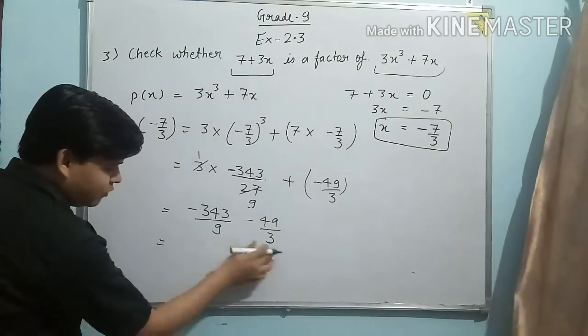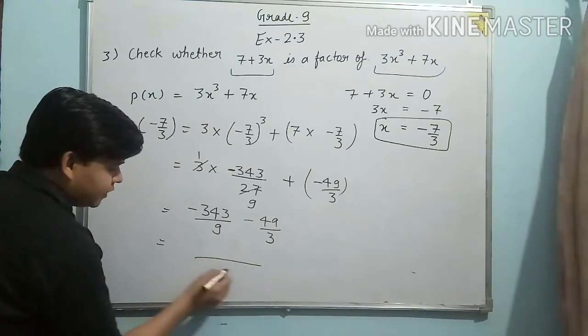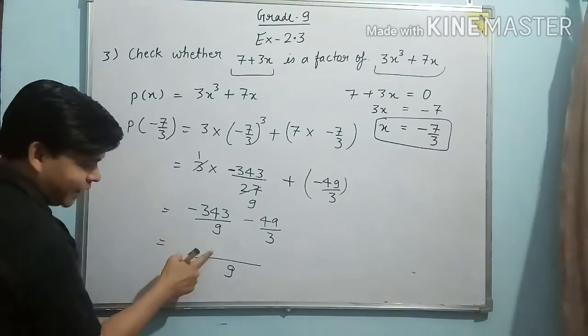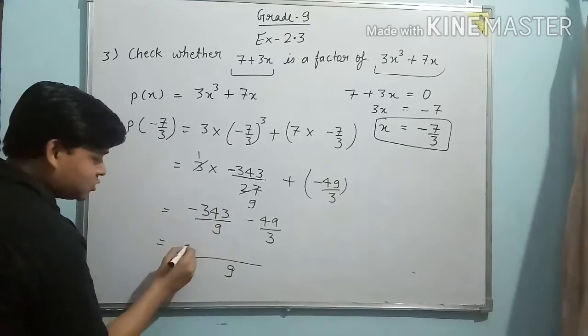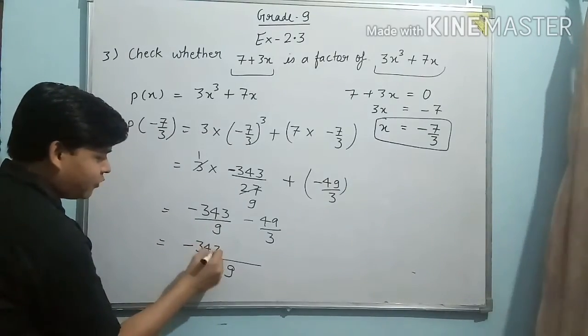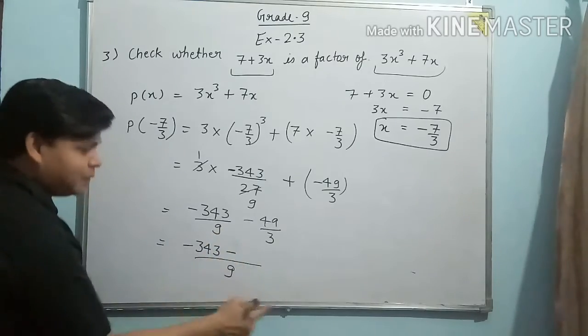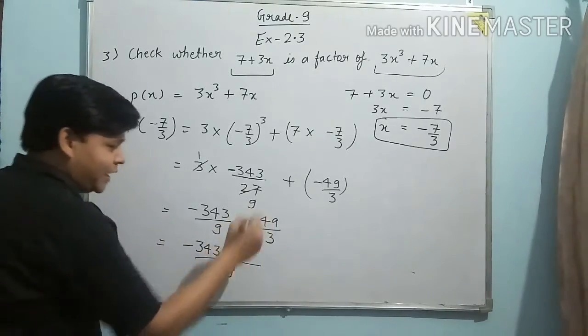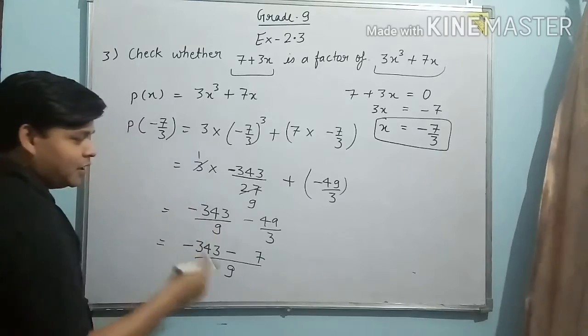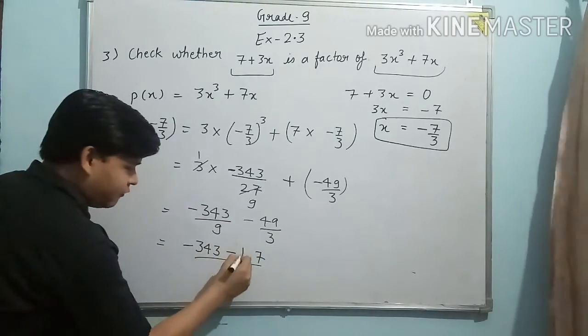When you will take the LCM of these two numbers, 9 and 3, you will get here 9. Now 9 1 times, so 1 into this, multiply this number, so you will get the same number, minus 343 minus 3 times, so 3 multiply by 49, so 3 9 times 27, 2 carry, and 3 4 times 12, 13, 14.